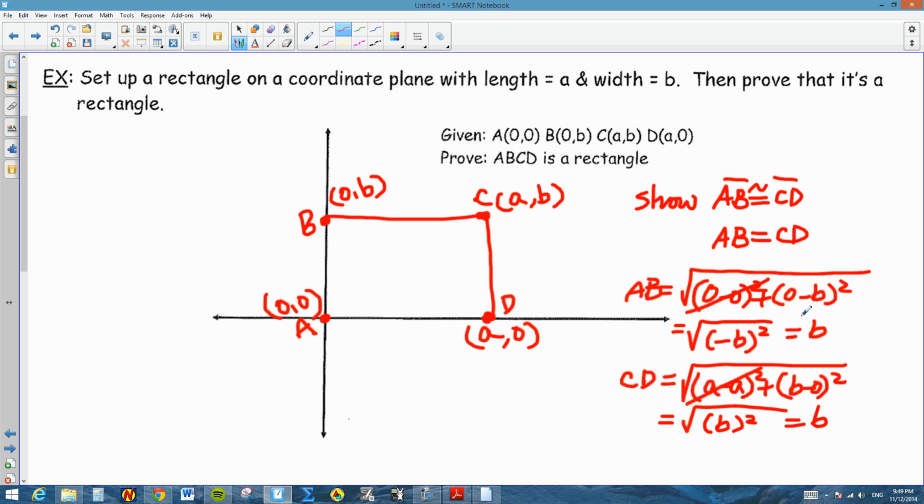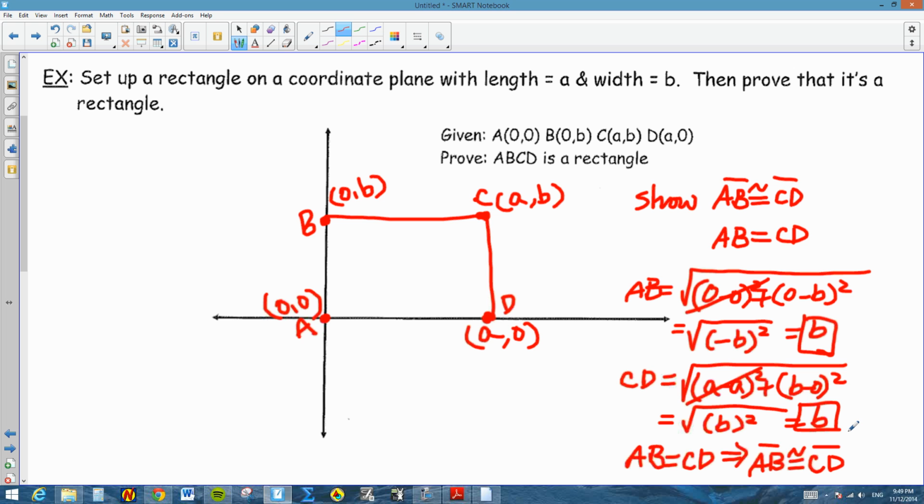So since you have b here equal to b here, AB is equal to CD. By definition of congruence, AB must be congruent to CD.